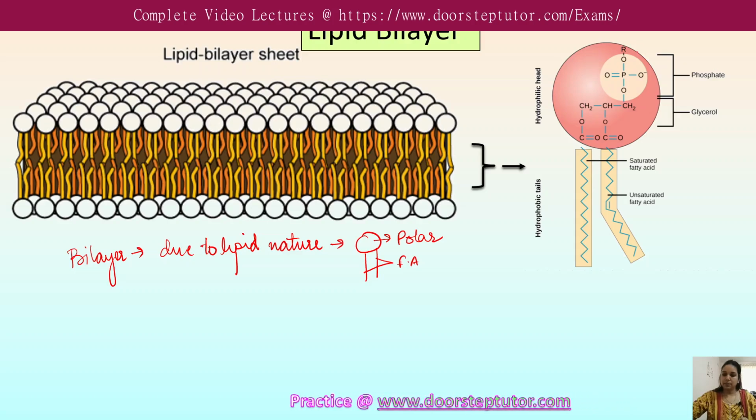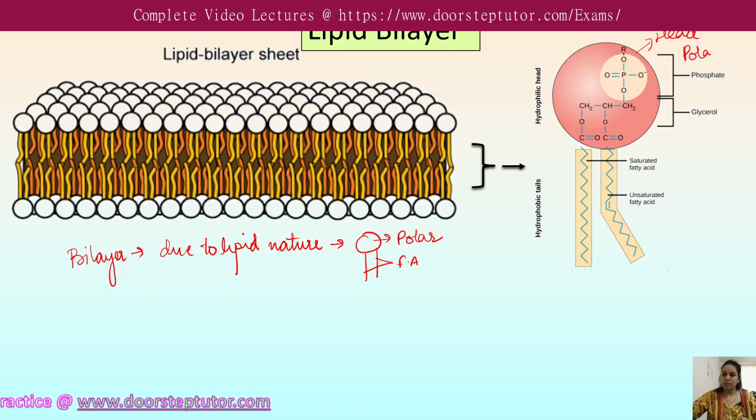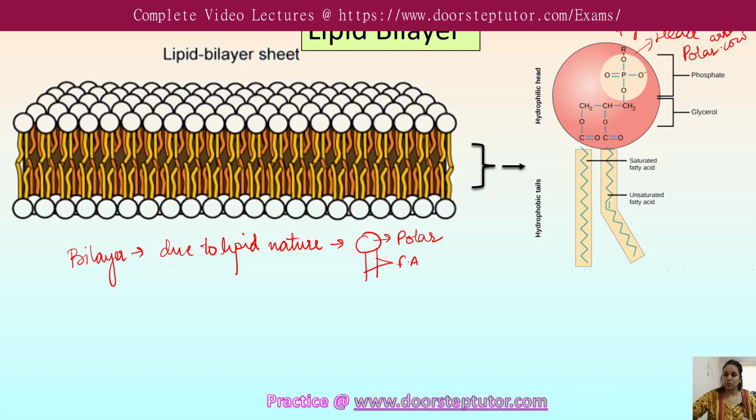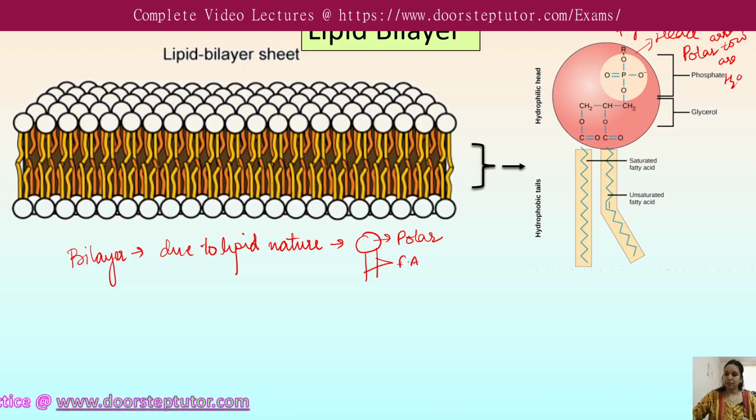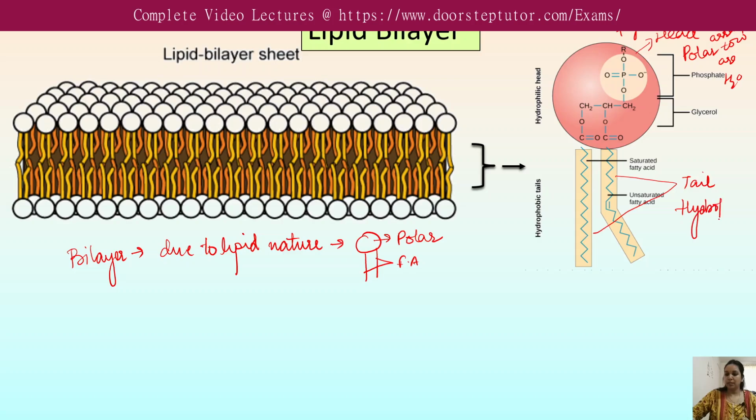the circle is the head part, or polar part, or we can say hydrophilic part. They love to arrange themselves toward the water. Okay, and these two are the tail part, that is the hydrophobic part.